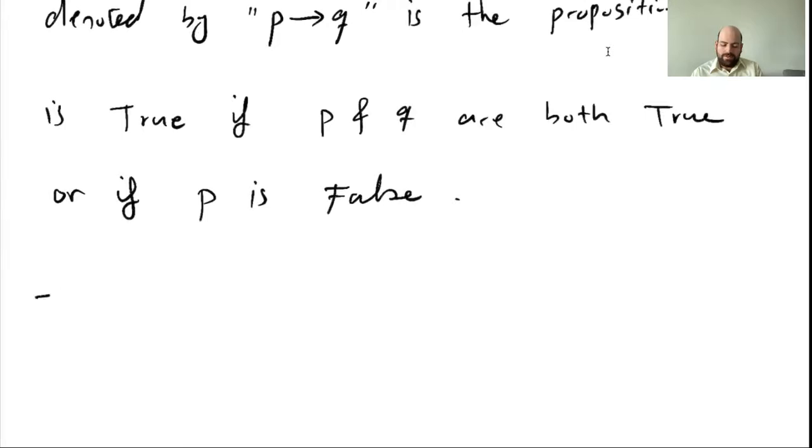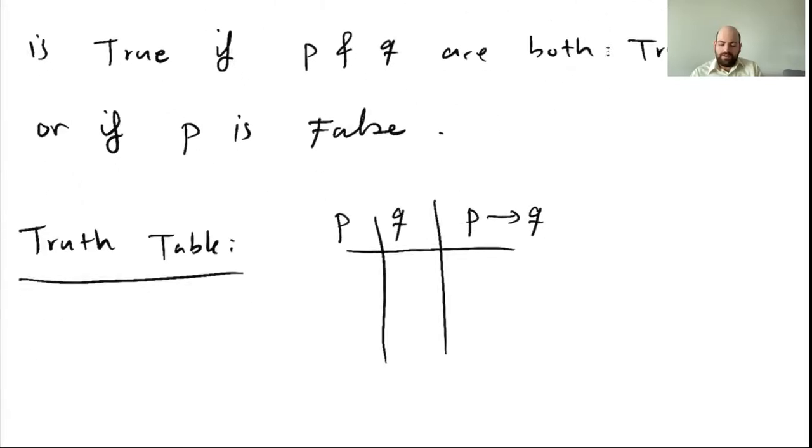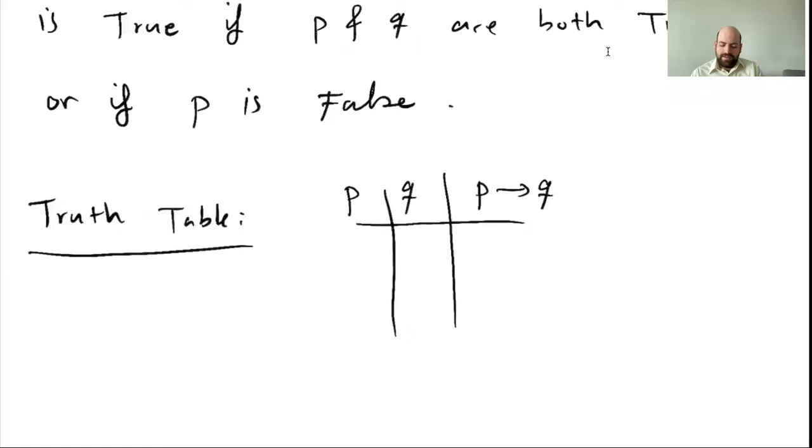Okay, so the truth table looks like this: P, Q, P implies Q. If P is true and Q is true, by definition, P implies Q is also true. If P is true and Q is false, I cannot conclude something false from something true, so this would be false.